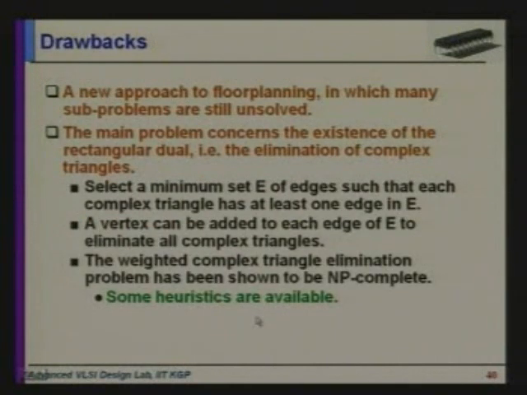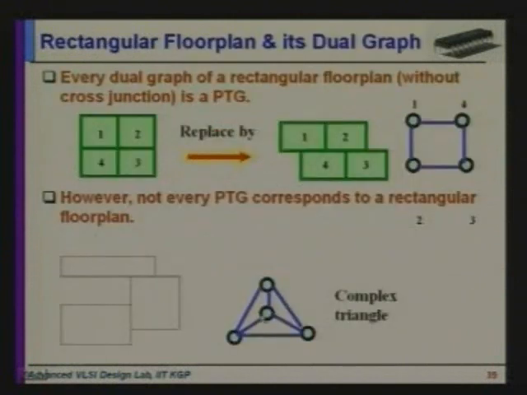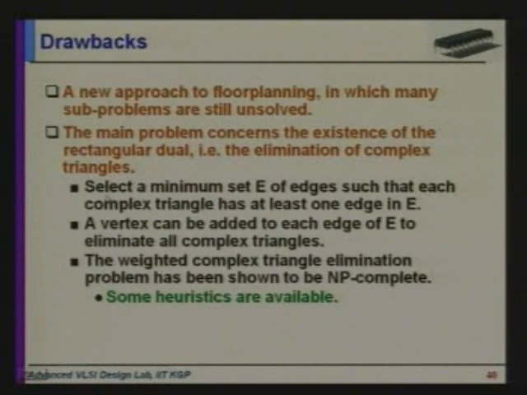What is the solution? The solution is that I insert a new vertex in between. That may be a vacant tile, but I insert it to maintain this adjacency relationship, to break this complex adjacency relationship and be able to draw a rectangular floor plan.